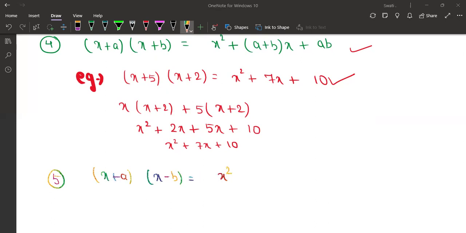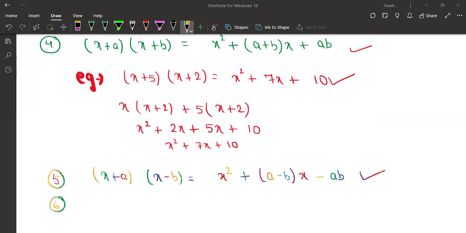It's just that we are going to have the sign change. So this will become x square plus a minus b times x, and then instead of plus here it will be minus a into b. So this is the formula. Okay, let's go to the next one.